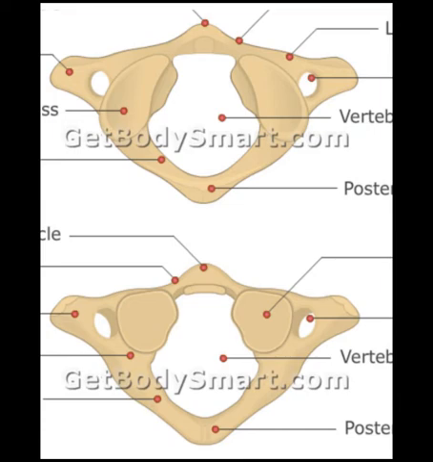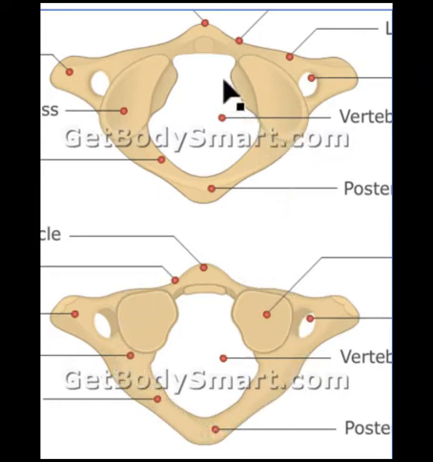Let's initially look at the C1 vertebra. This is the superior view of the C1 vertebra, and this is the inferior view of the C1 vertebra.